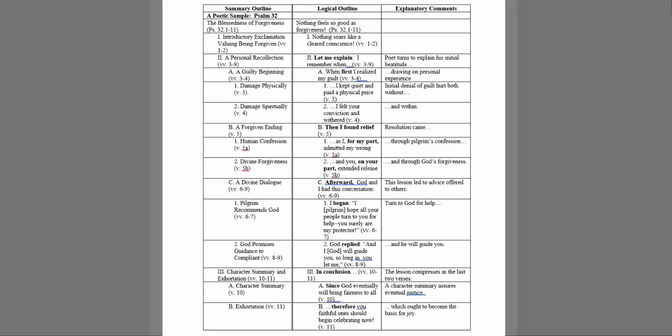Well, explain the statement that's made just ahead. Namely, nothing soars like a cleared conscience. Somebody say, wow, tell me about that. Well, let me explain. I believe that starting in verse 3, it's an explanation of the exclamation made in verses 1 and 2. That's the logical relationship between 1 and 2 and 3 and following.